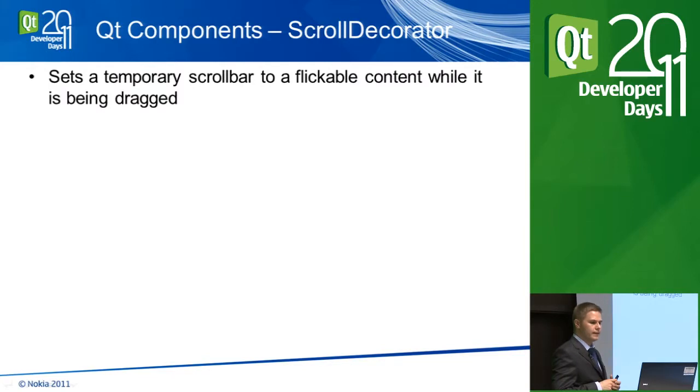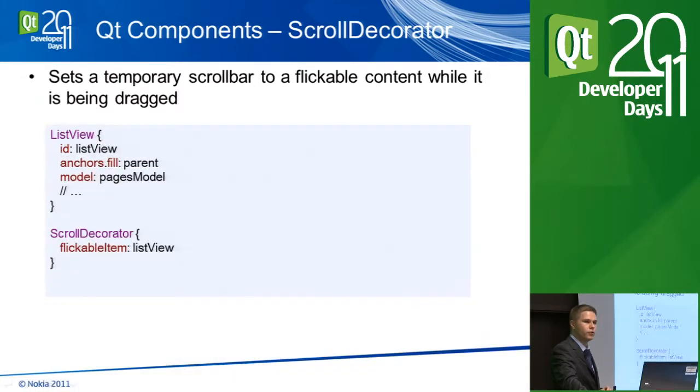Then one more nice component that's available in Qt Components, ScrollDecorator. It's something that enables you to add scroll bars quite easily on your Flickable content. For example, list view is something that inherits from Flickable.